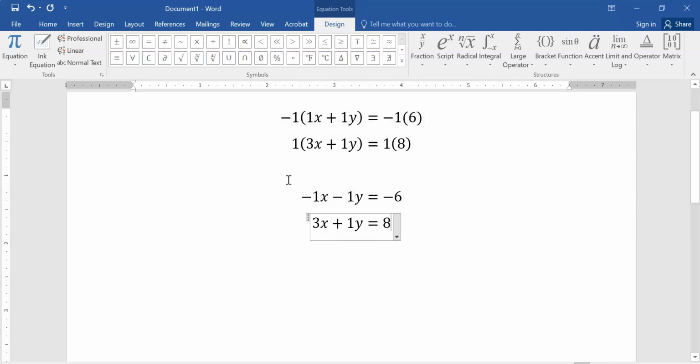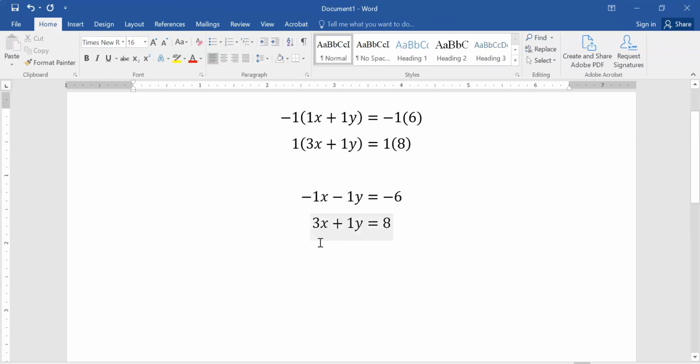So basically all we really did, multiplying by 1 doesn't change that equation. All right, hopefully you get that. Since they both started as positives, I had to change one of the signs. I chose to change the number I'm multiplying by the first equation into a negative.